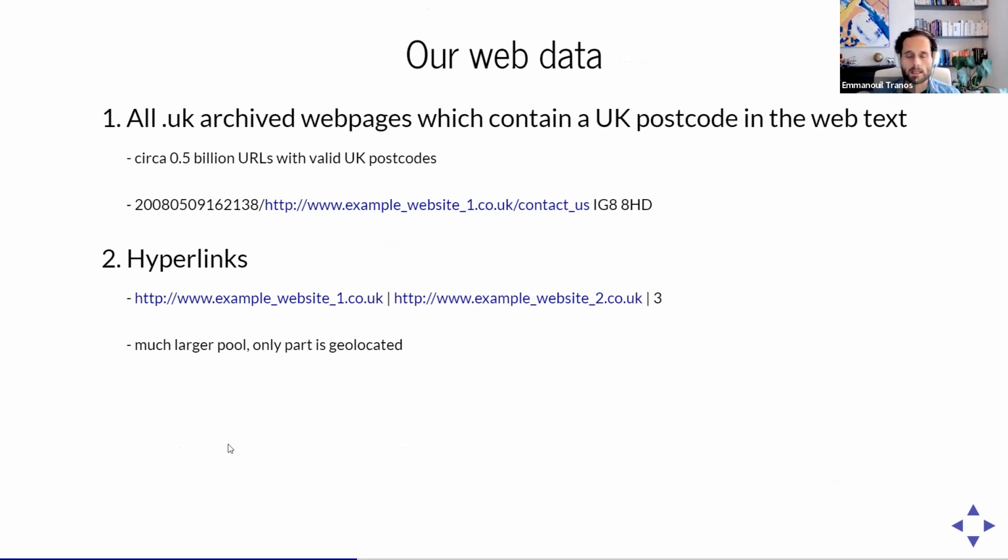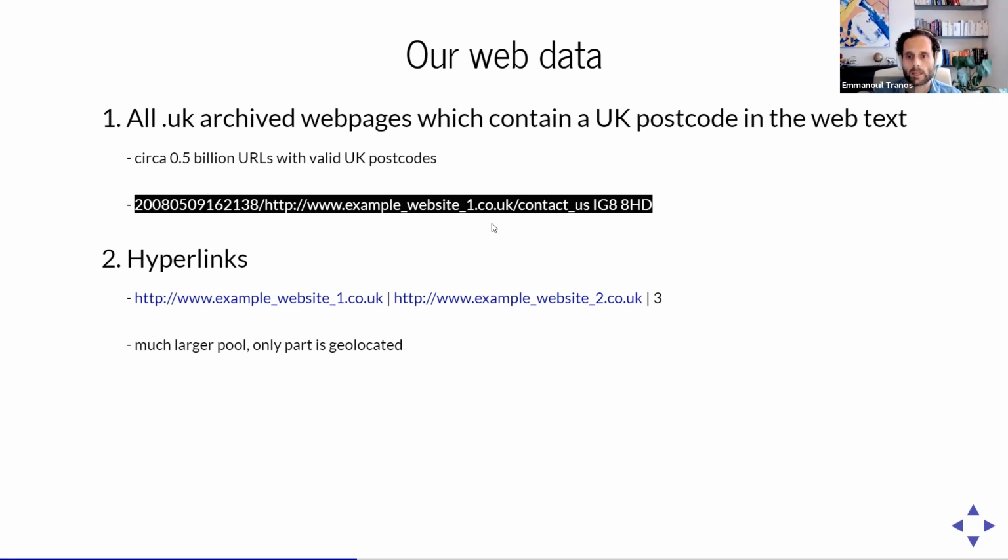The first one is what they refer to as the GeoIndex. This is our means to geolocate web pages and websites, and I will explain later on the distinction between these two. So we start by having something like 500 million lines that look like this. What does this line say to us?